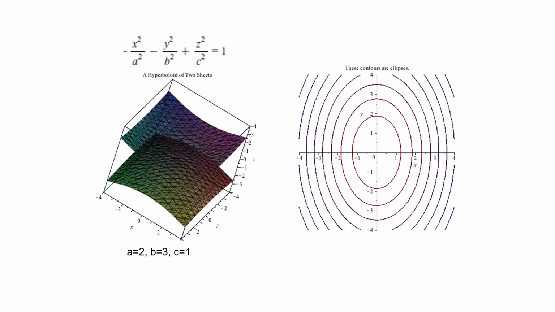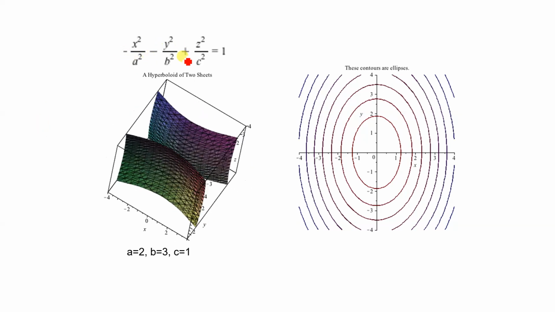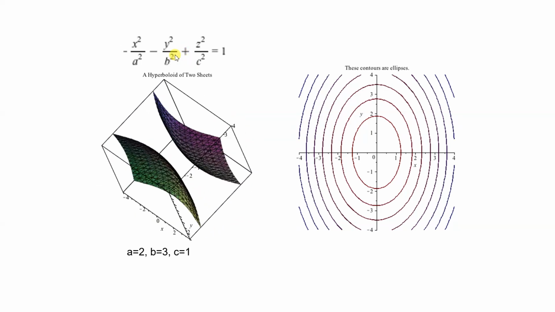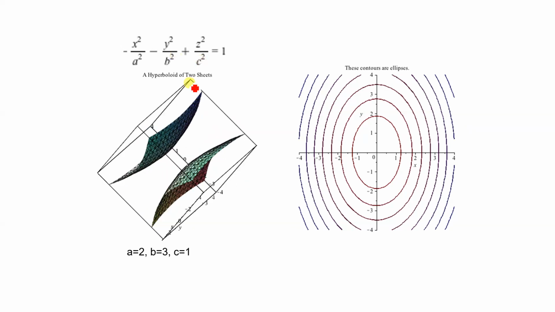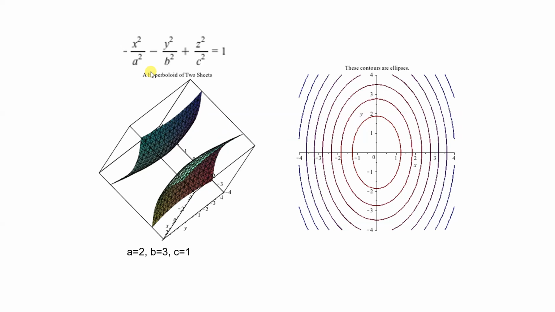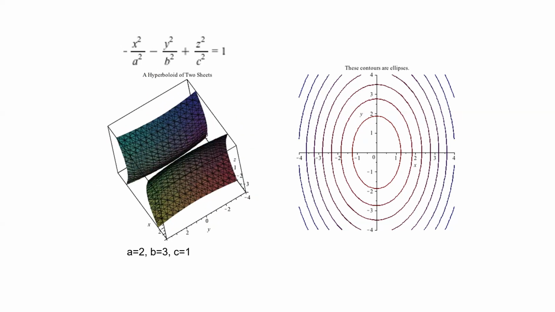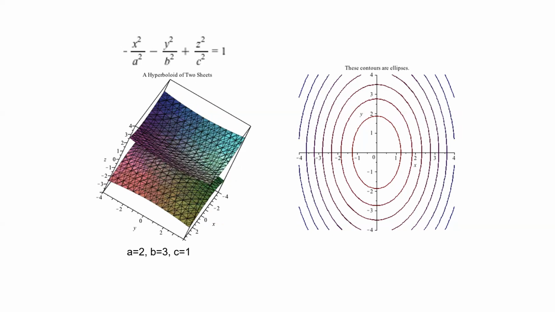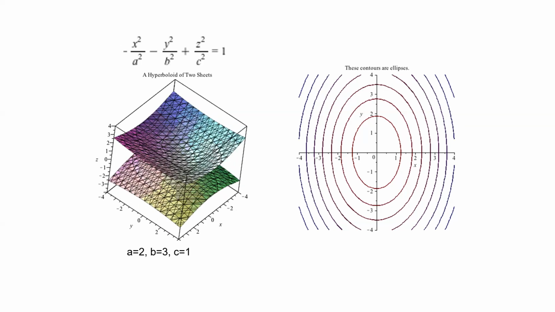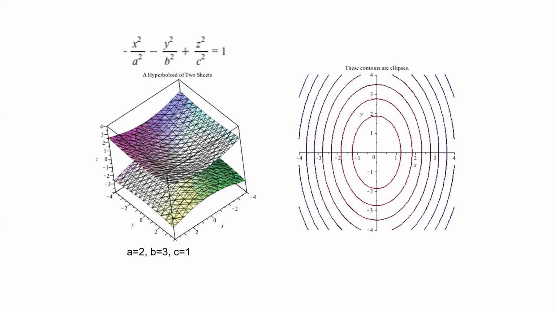Okay, we have another type of surface where two square terms have negative signs, one square term has a positive sign, and its horizontal traces are ellipses and vertical traces are hyperbolas. So this type of equation has a surface which consists of two separate pieces.